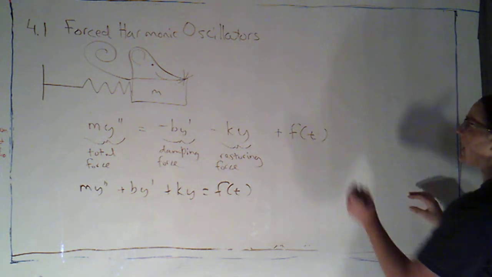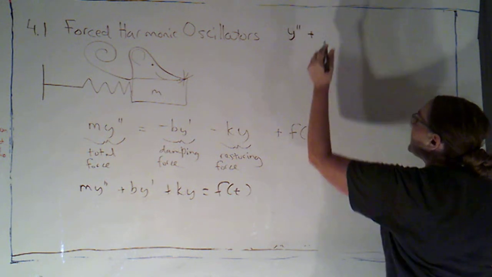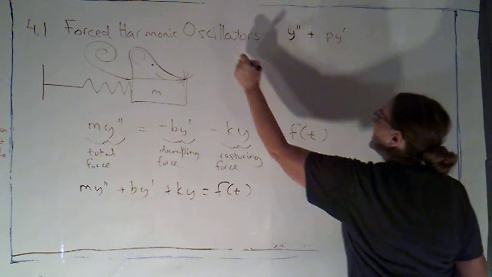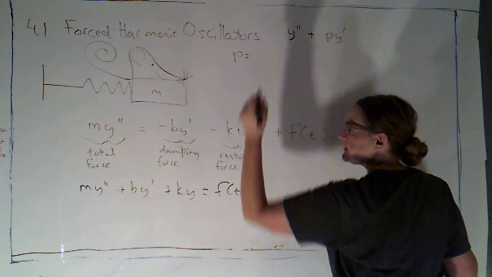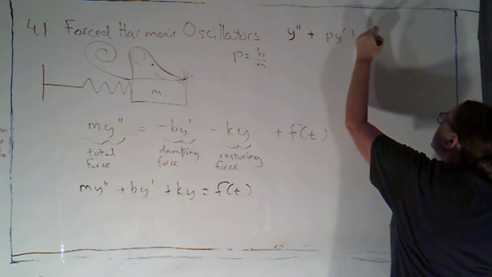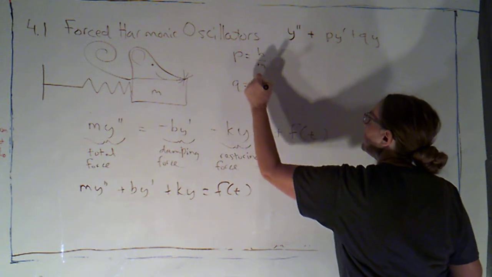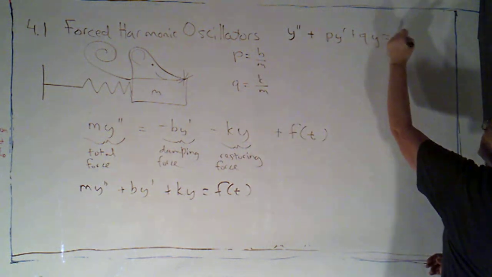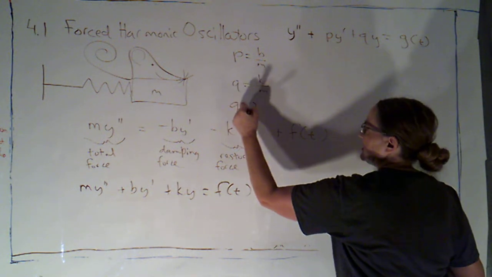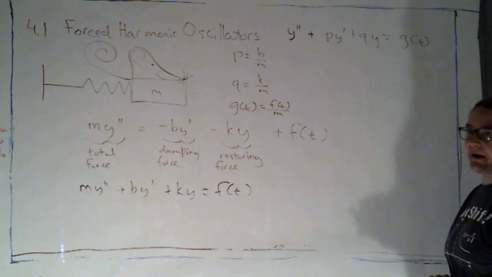Now when we do that, what we'll get is y double prime plus py prime plus qy equals g of t. So here p is just going to be b over m, and here q is just k over m. So g of t is just f of t divided by m.